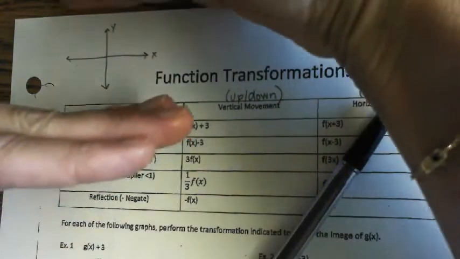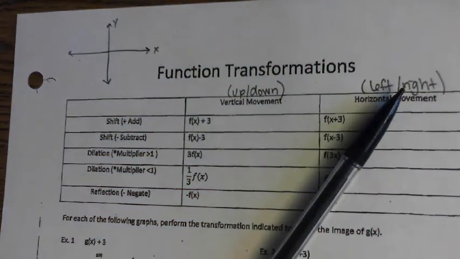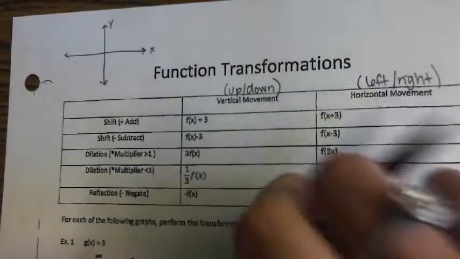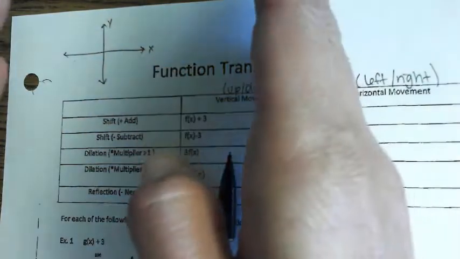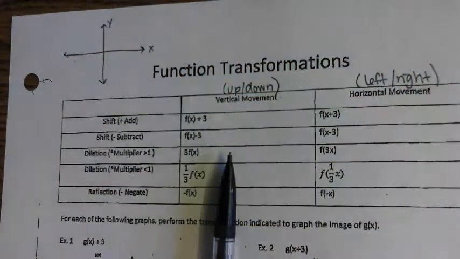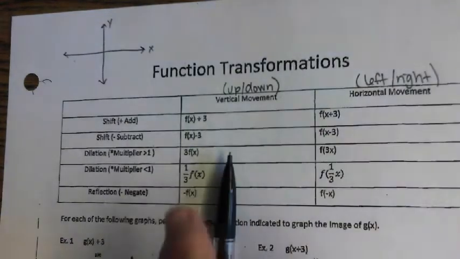So I could kind of sort of smush it and everything would get smushed towards the x-axis, okay? And then if it's a horizontal one, obviously it's pulling left and right. It's pulling and stretching away from the y-axis. If it's a stretch or a compression, it would kind of shift and smush everything towards the y-axis. So we kind of make it more narrow. Does that make sense? Those are your dilations.